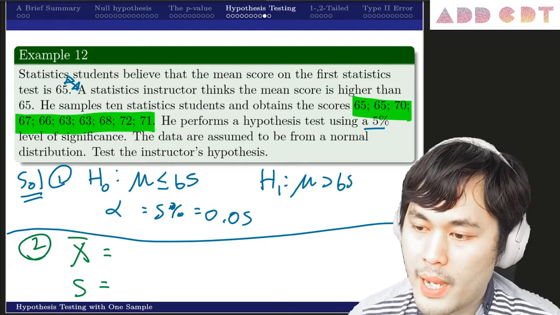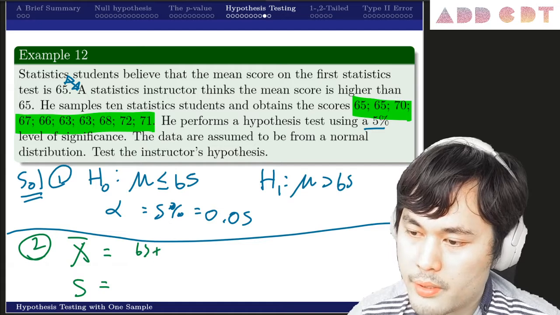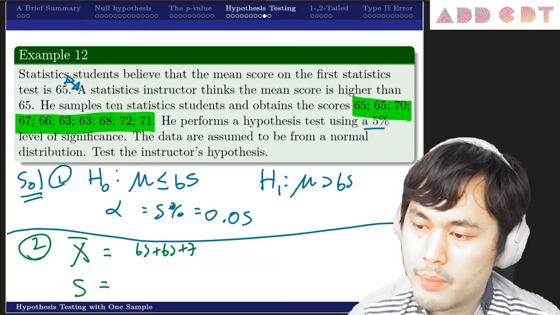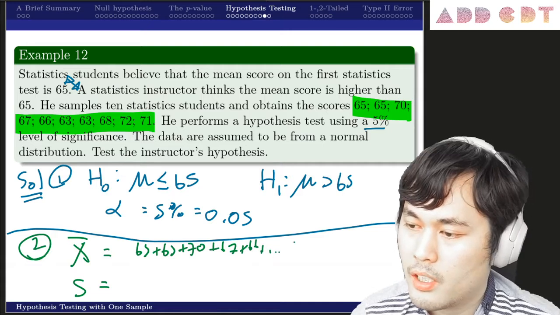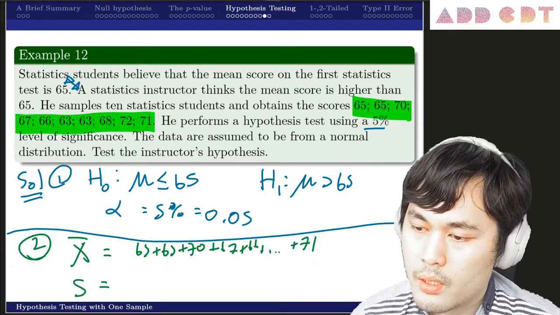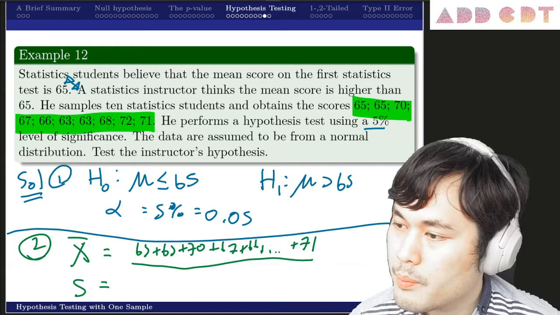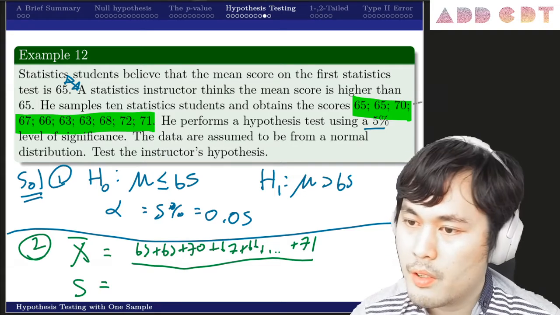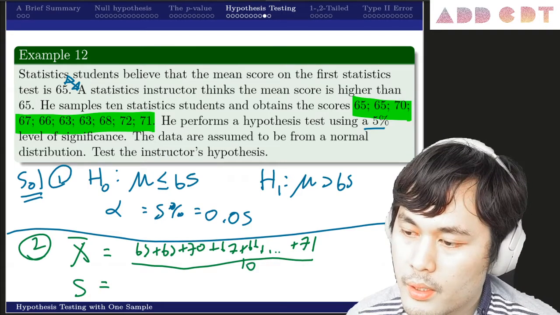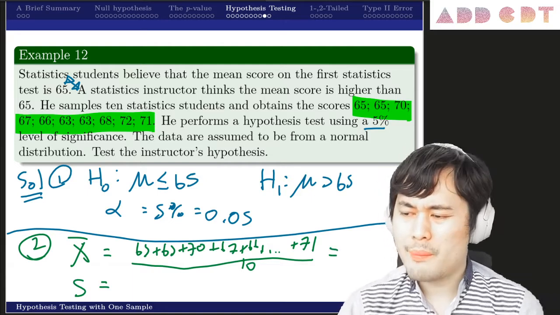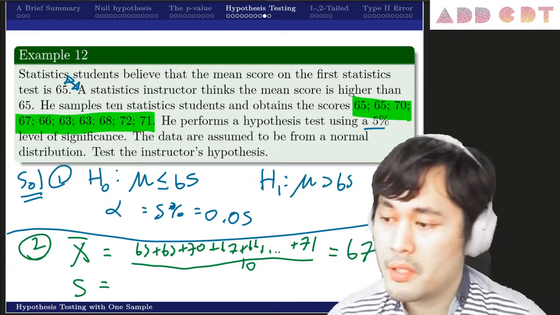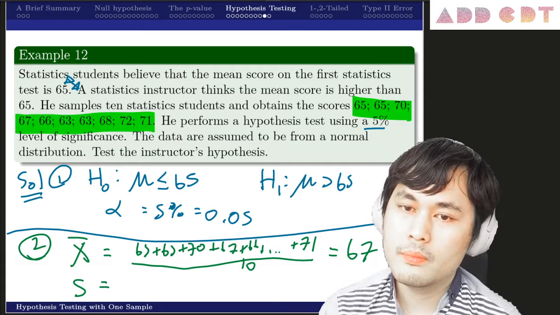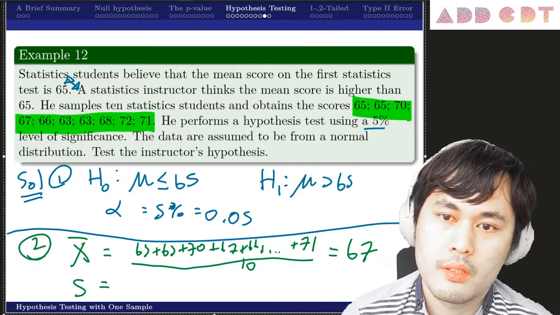For x bar, you just sum this up, like 65 plus 65 plus 70 plus 67 plus 66 and so on, all the way up to 71, divided by the sample size: 1, 2, 3, 4, 5, 6, 7, 8, 9, 10. And if I am doing this correctly, that will be 67.